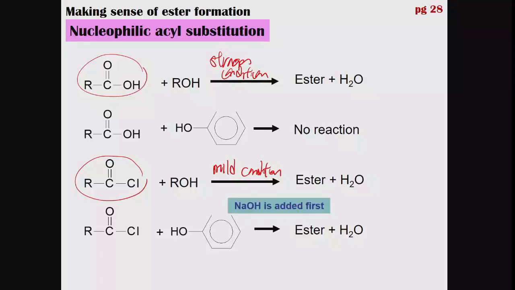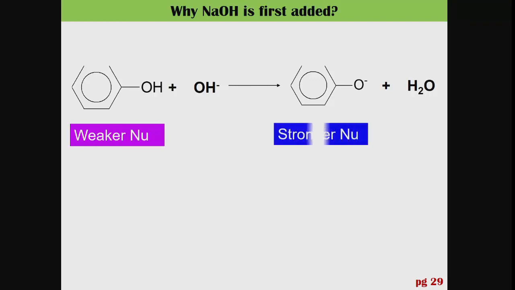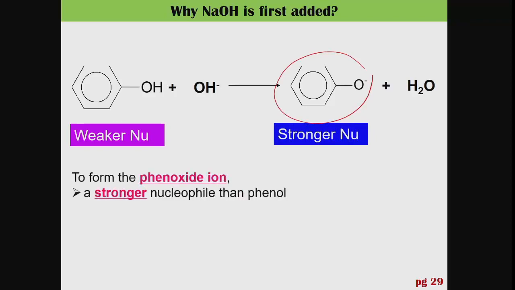Now, for the next stage, when you use acid chloride with phenol, because phenol is a weaker nucleophile, we need to add sodium hydroxide first. So recall, why do we add sodium hydroxide? Phenol is a weaker nucleophile. When you add sodium hydroxide, an acid-base reaction will take place to give you phenoxide ion, which is a stronger nucleophile.